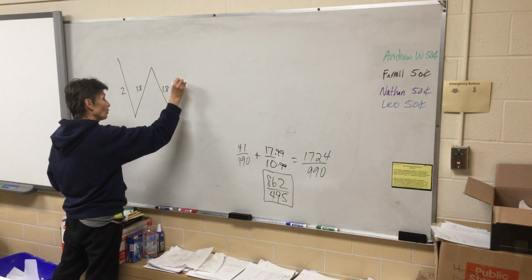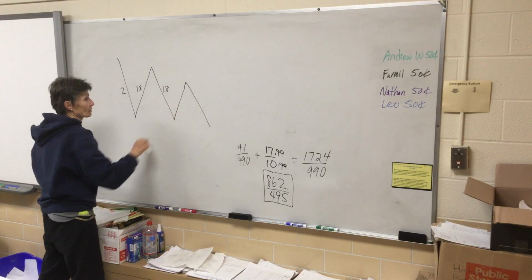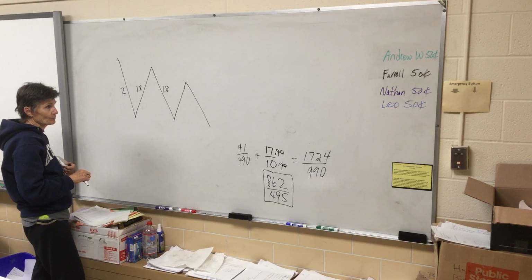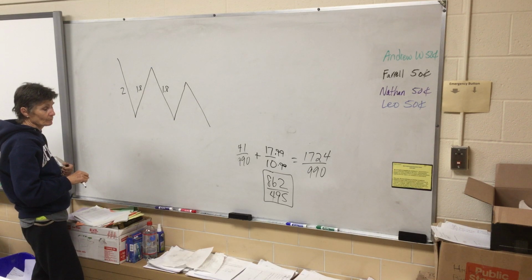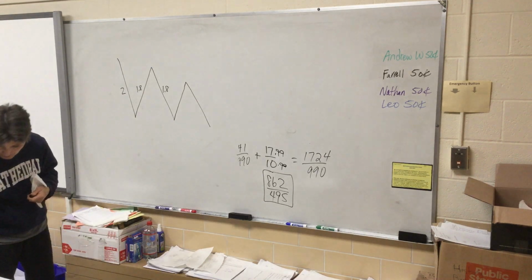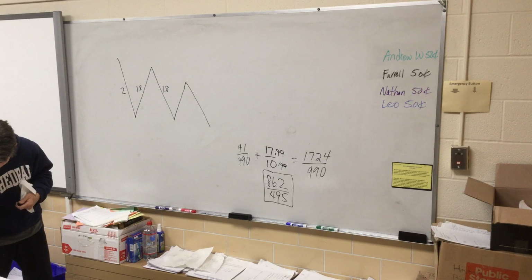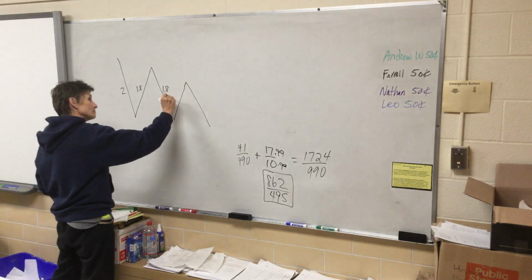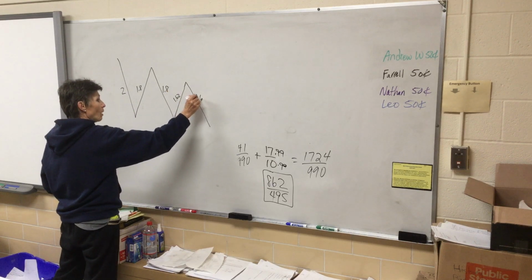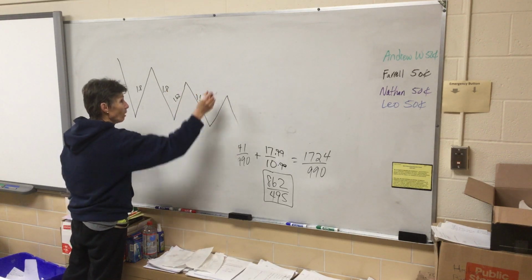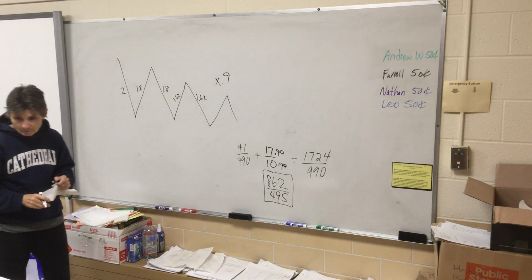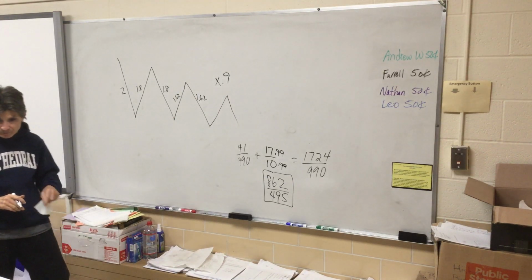Now, how far is it going to go up next time? Of 1.8. Yep, so 1.8 times 0.9, 1.62, and so on. Aren't I just going to keep multiplying by 0.9? Isn't that what's going to happen?